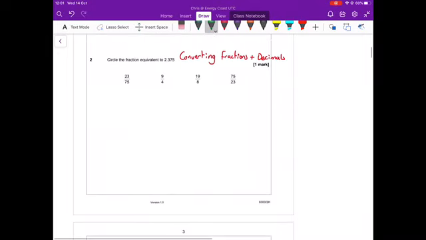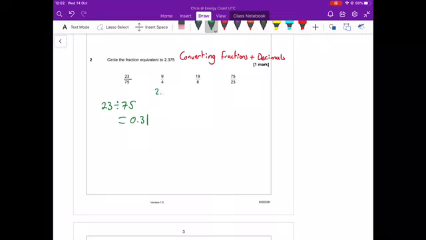Converting fractions to decimals. Now, this would be a tricky question on a non-calculator paper, but we've got calculators, which makes life a lot easier. If I'm going from a fraction to a decimal, remember the middle line of a fraction means to divide. So the first one I'm going to do 23 divided by 75. Let's see what that gives me. On my calculator, 23 divided by 75 is 0.31-ish. 9 divided by 4, I know that off the top of my head because it's 2 and a quarter, so it's 2.25.